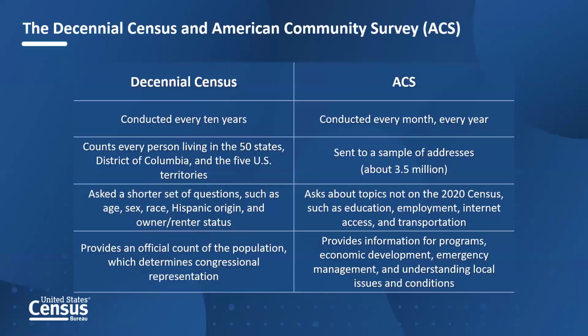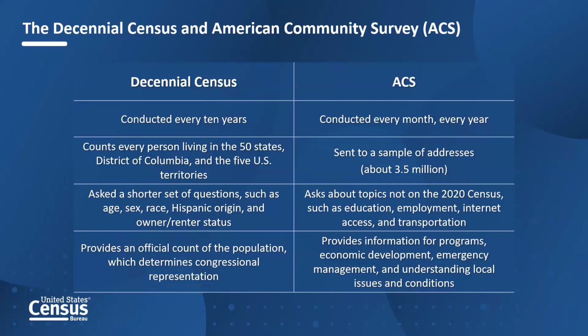Okay, so as I start to wrap up here, I just want to highlight how the decennial census and the American Community Survey differ. The decennial census happens every 10 years, whereas the ACS is conducted every month and released every year.